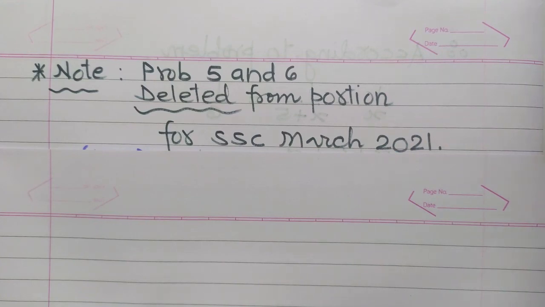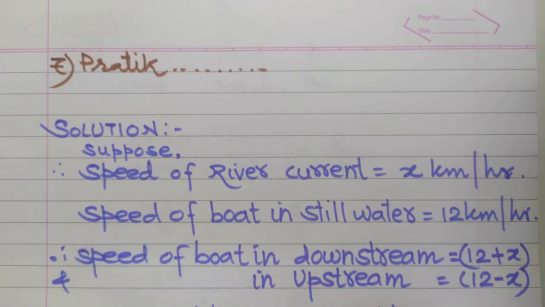So we have to move towards problem number 7. I will read the problem for you and then we will start solving it. This problem can come in the exam for 4 marks. So practice the example quite nicely at home.